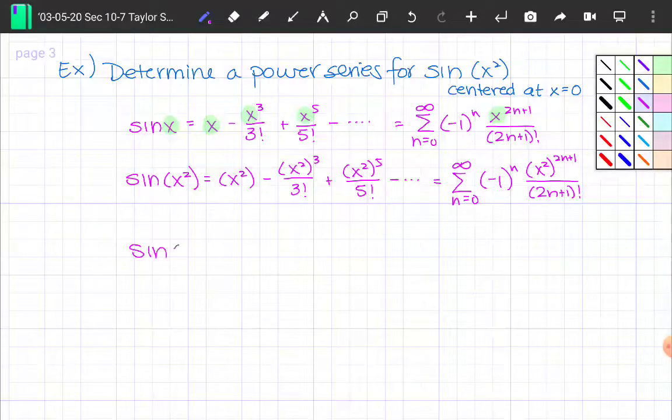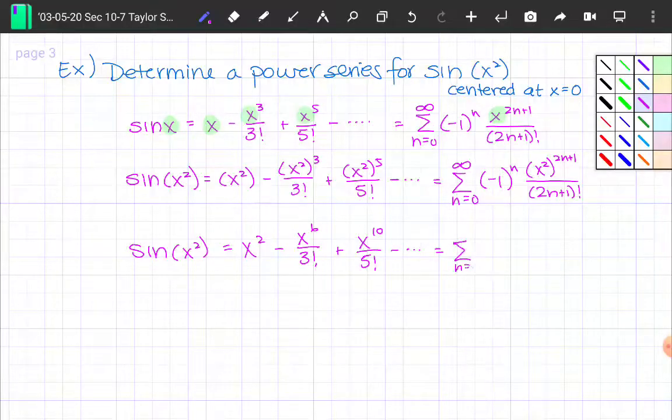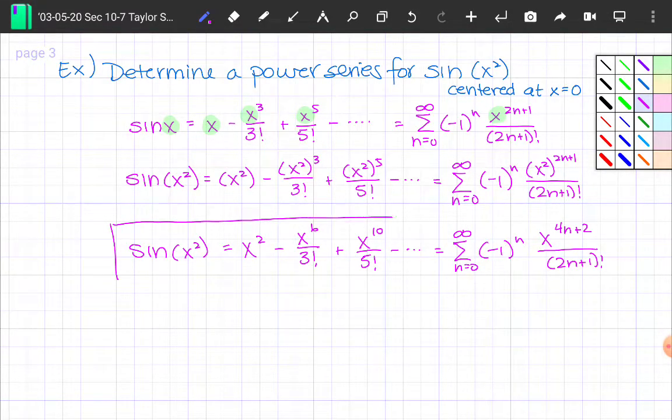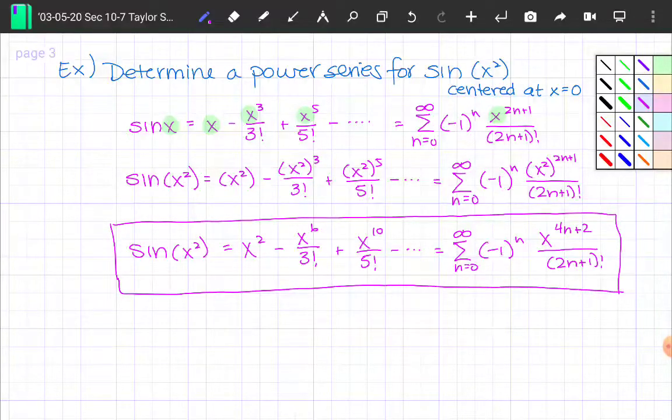And then all we got to do is simplify a little bit. We can't simplify a whole lot, but I can simplify these numerators. And then I have x to the 4n plus 2 all over 2n plus 1 factorial. Ta-da! So much easier than trying to derive it from scratch. Use something known and play with it.